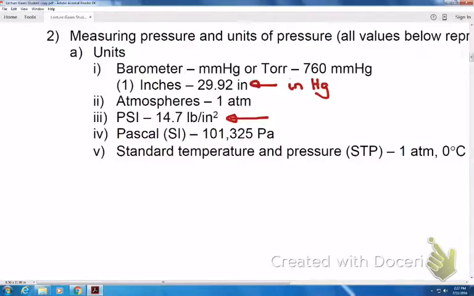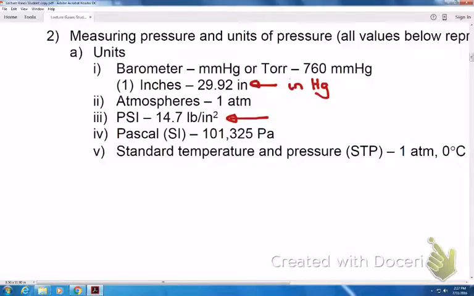Mercury is very dense. It's ballparking 10, 15 times more dense than water is. So 29.9 inches, that's mercury about from here to here. That's 30 inches. If you get that much mercury in a tube, that would be one atmosphere of pressure.